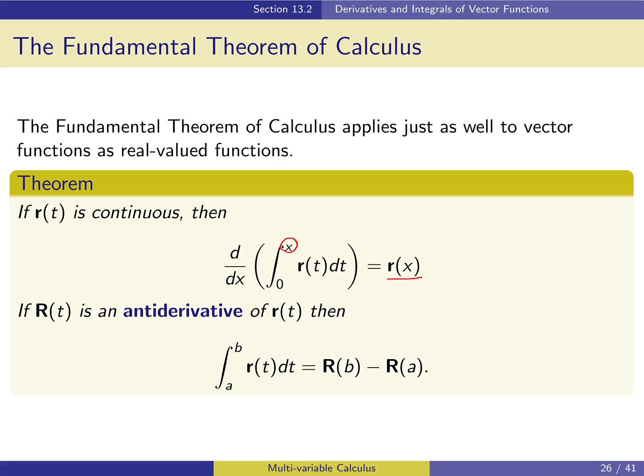That is, the derivative of the integral is equal to the value of the function at that endpoint. The version of the fundamental theorem of calculus that we use much more often is to actually evaluate integrals, which says that the integral from a to b of the function r is equal to an antiderivative of r at the endpoint b minus an antiderivative of r at the endpoint a.